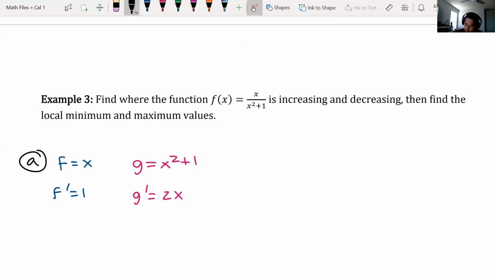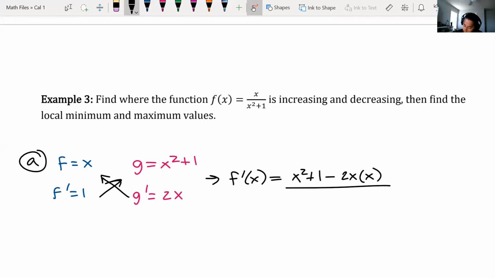All right. This means that f prime of x is going to be f prime g, x squared plus 1, minus g prime f, 2x times x, over the denominator squared.